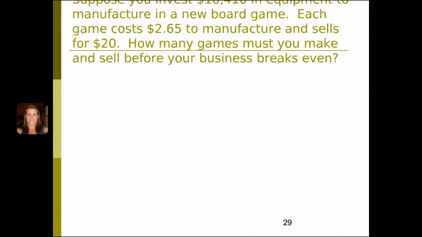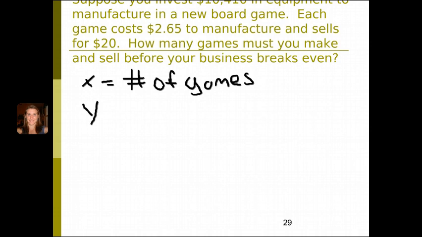So we first must identify our variables. Once again, X is going to be your number of games, because we have no idea how many games we've sold. And Y will be your cost, your expenses. Then we will form two equations.